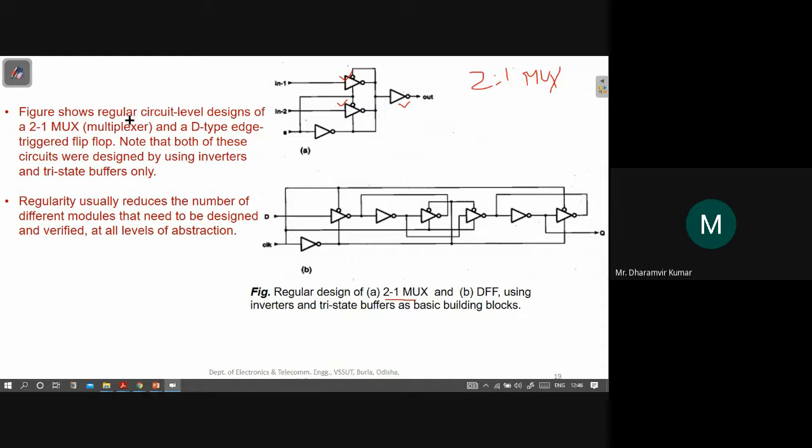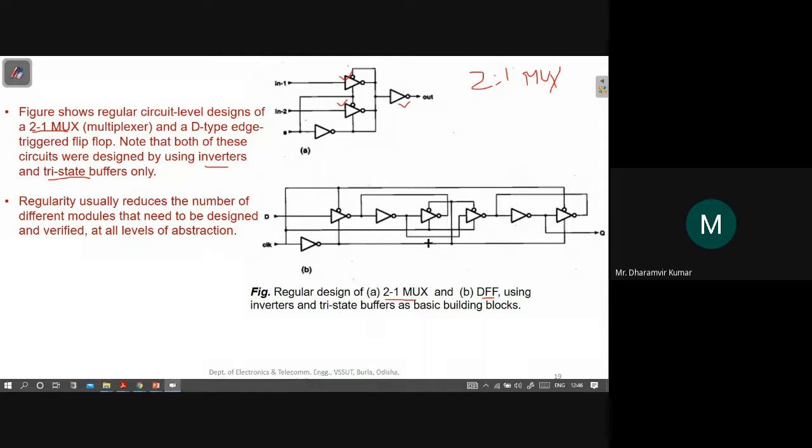The figure shows regular circuit-level designs of a 2:1 multiplexer and a D type edge-triggered flip flop. Note that both of these circuits were designed using inverters and tri-state buffers only.